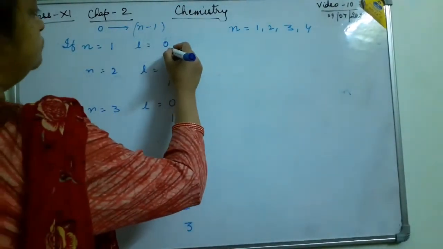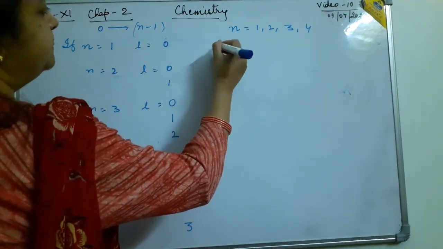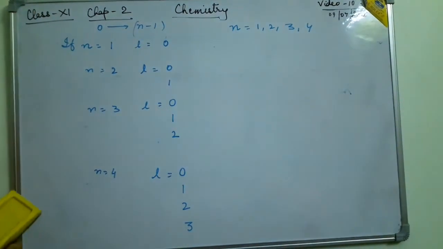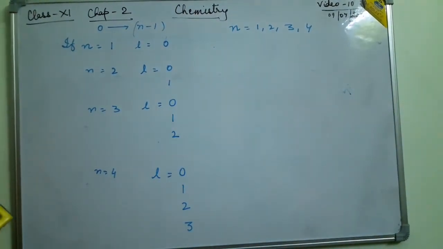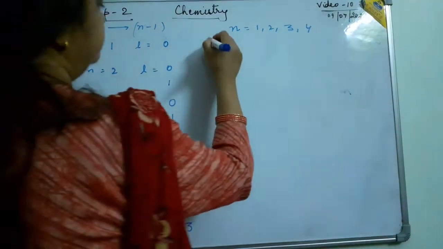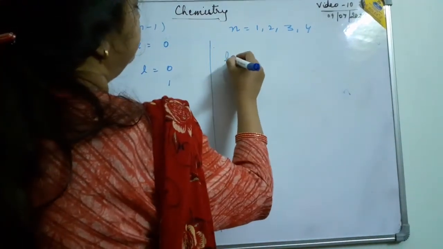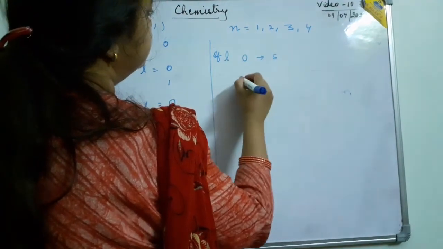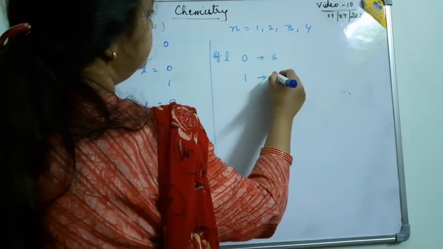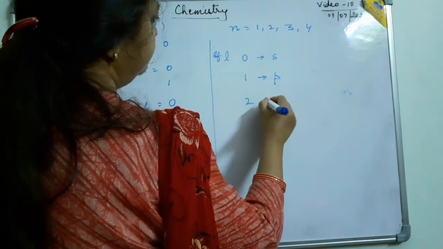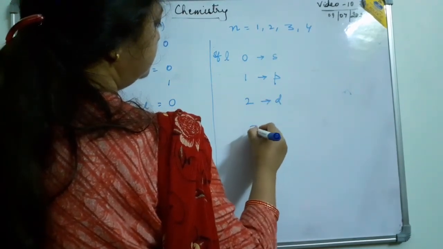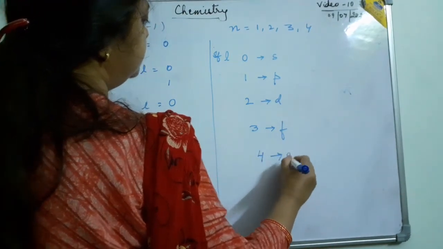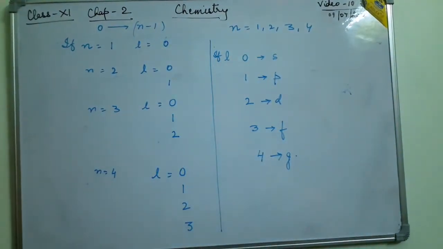If L equal to 0, it represents s orbitals. If L is 1, it represents p. If it is 2, then d. If it is 3, then f. And if 4, then g, and h accordingly.